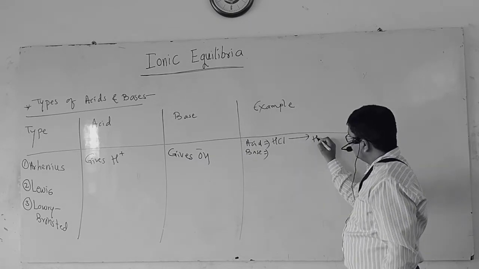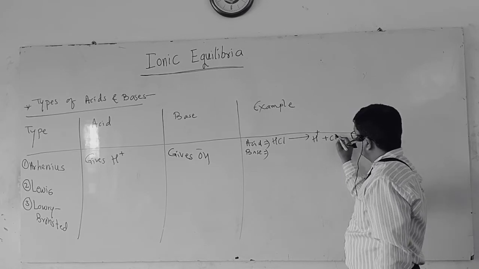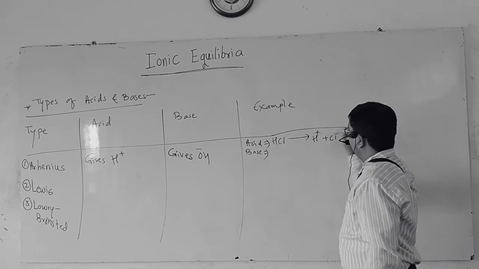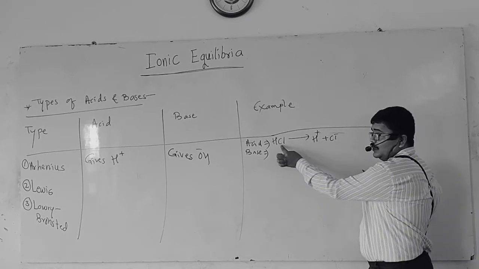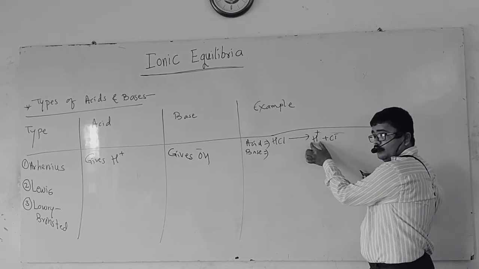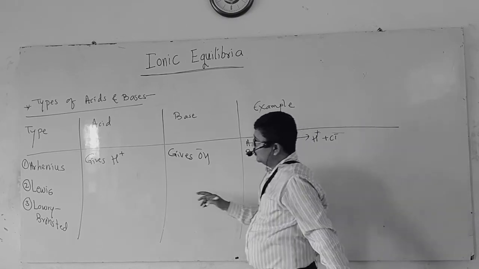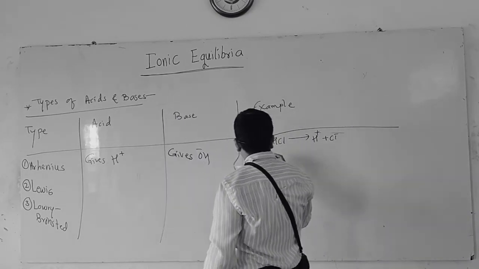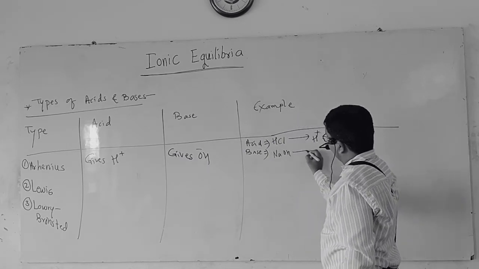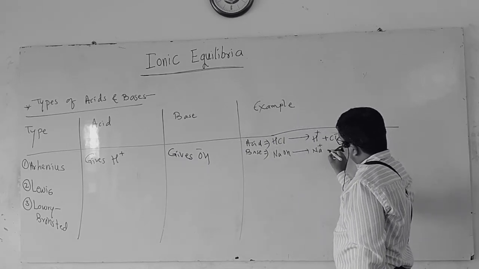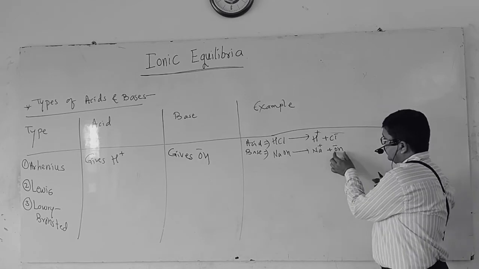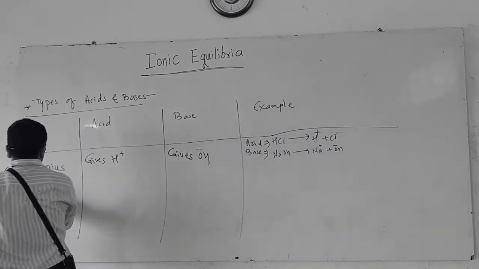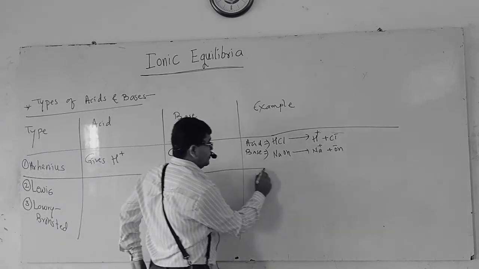When HCl dissociates, it gives H plus and Cl minus, right? So this is the substance which has given H plus. Substance which gives H plus will be Arrhenius acid. Base NaOH will give Na plus and OH minus. It has given OH minus, so it will be Arrhenius base.